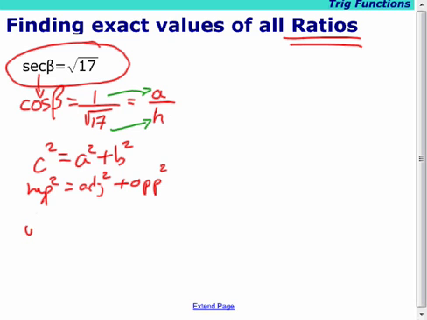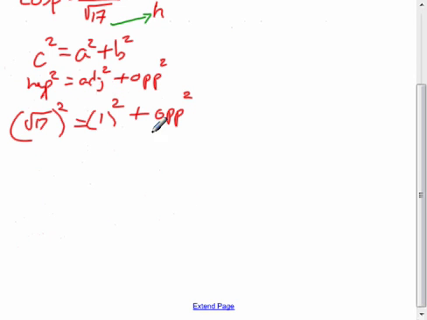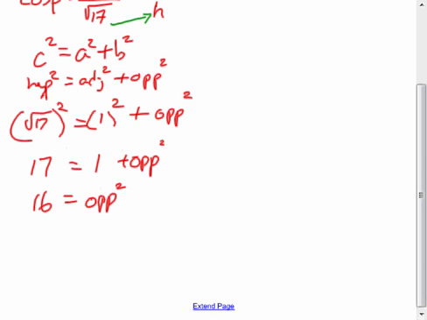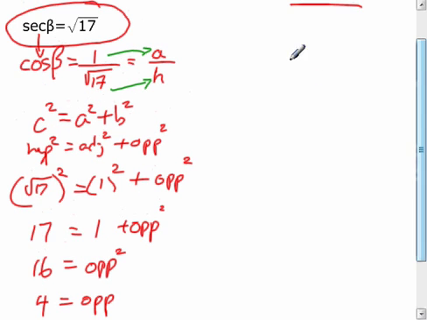So we've determined that the hypotenuse is root 17, squared, is equal to the adjacent side, 1, squared plus the opposite side squared. In solving for this equation, root 17 squared will just be 17. 1 squared will just be 1 plus the opposite side squared. Subtracting 1 from both sides leaves 16 is equal to the opposite side squared. Square rooting both sides, the opposite side is 4.